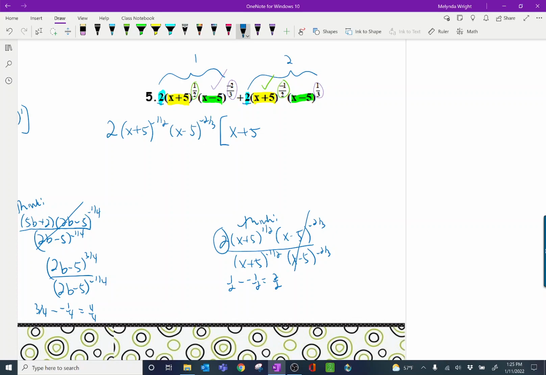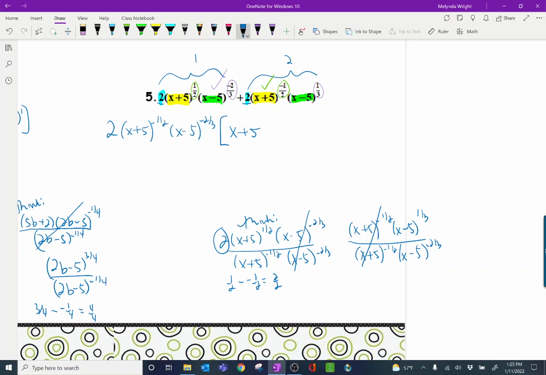So now let's work on the other, the x plus 5 and x minus 5, dividing those out. My second term is (x + 5)^(−1/2) (x − 5)^(1/3), and we're dividing out the (x + 5)^(−1/2) and the (x − 5)^(−2/3). What do we have here? These match perfectly.